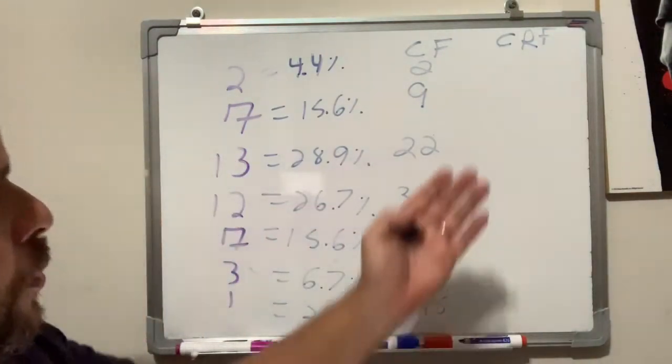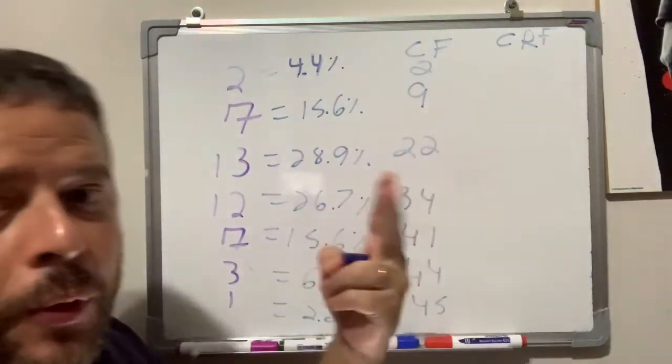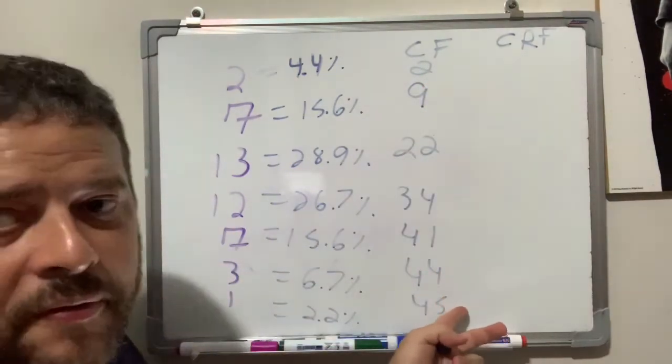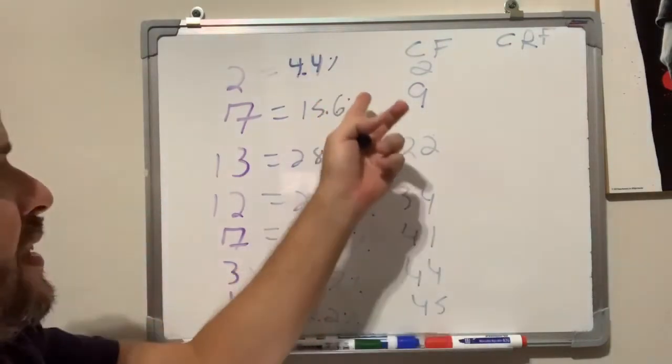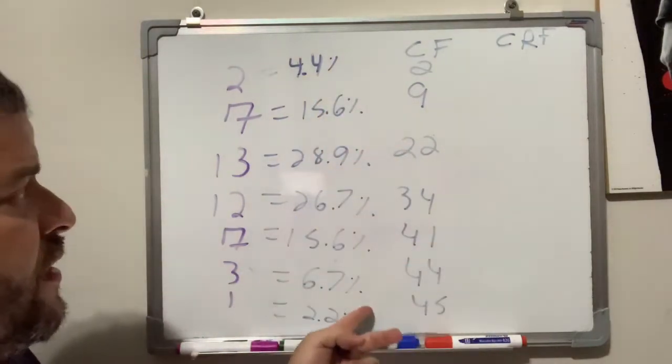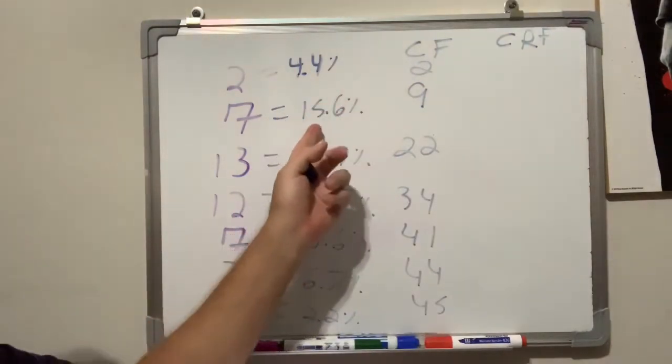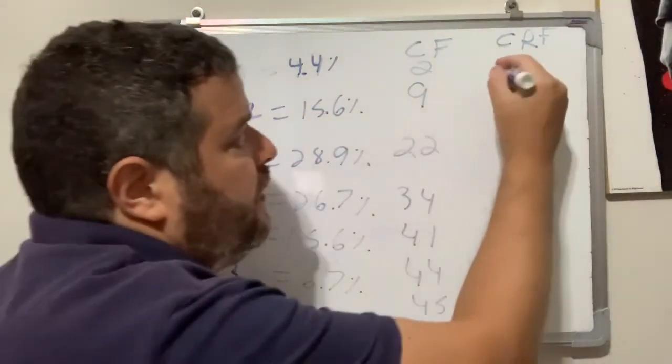Now, if you're going to do cumulative relative frequency, there are two things you can do. You can just start dividing these values by 45. That's perfectly fine. Or you can just add the percentages as we added the frequencies. The first one is still 4.4%.